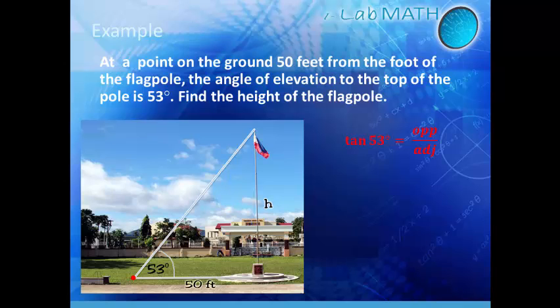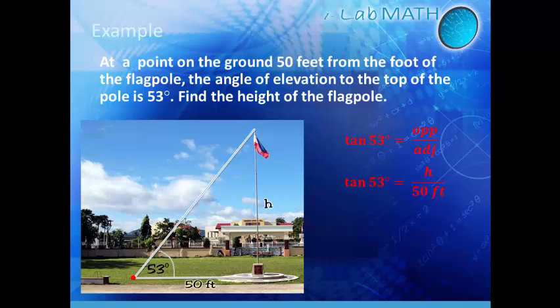We will be using tangent. Why? We have acute angle 53 degrees. We're looking for the opposite side. We are given the adjacent side. So that is tangent 53 degrees equals opposite over adjacent.